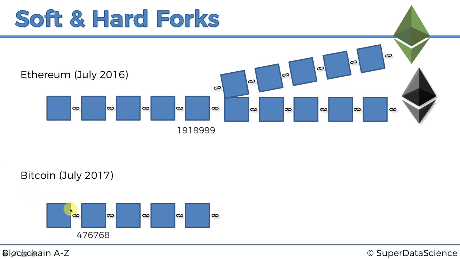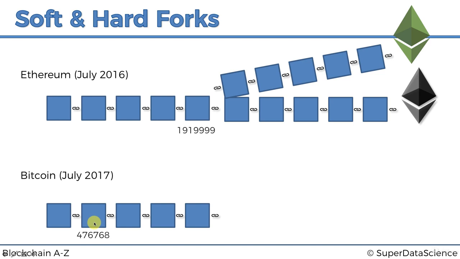Remember what segregated witness did: it stripped out the signature from the block and put it into its own messaging system, meaning that effectively you can put between 2 and 4 megabytes of transactions into a block, even though the block size is still 1 megabyte, because out of those 2 to 4 megabytes, the signatures will be stripped, and the core transactions themselves will still take up less than 1 megabyte.